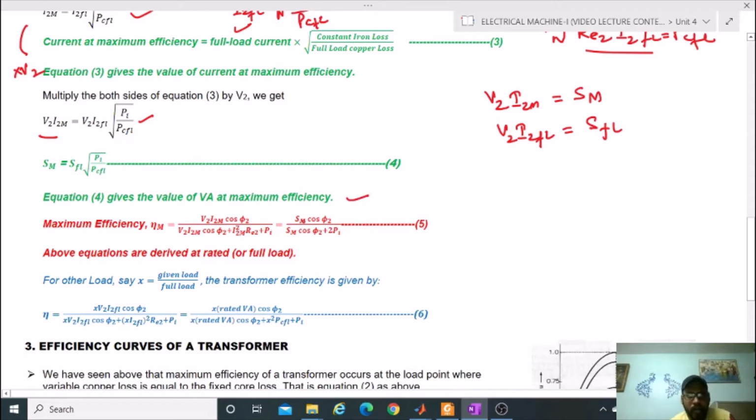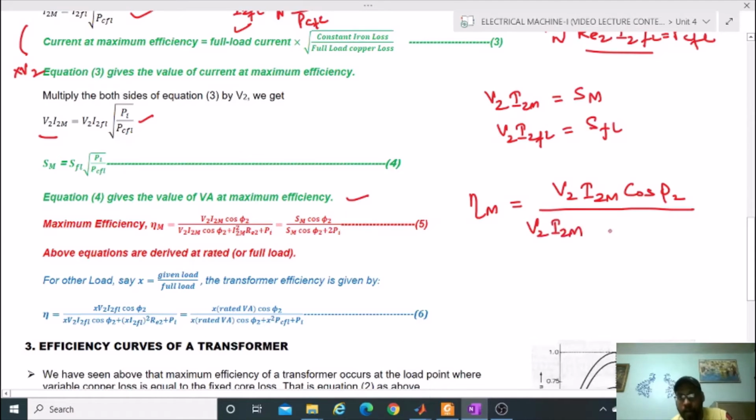From this we can derive the formula of maximum efficiency, which can be written as V2, which is constant, I2 replaced by I2M, cos phi 2, which for a particular load will be constant, divided by V2 into I2M into cos phi 2, because we are calculating the efficiency at maximum efficiency, plus I2M square into Re2, that is the copper losses at full load, plus Pi.